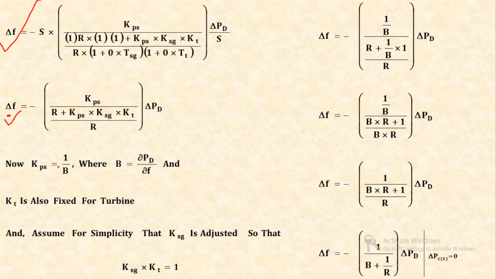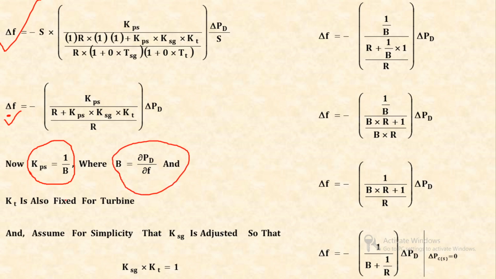Now, in our previous lecture we have learned that kps is equal to 1 upon b, where b is equal to del pd by del f. Now, kps, that is the power system gain, is constant, having a value of 1 upon b, where b is equal to del pd by del f.